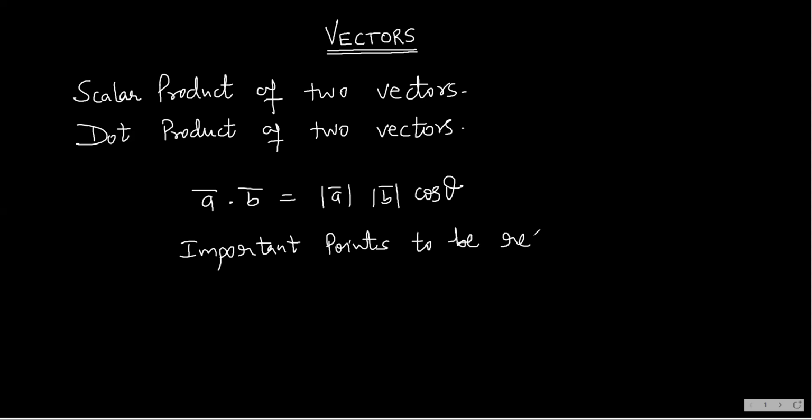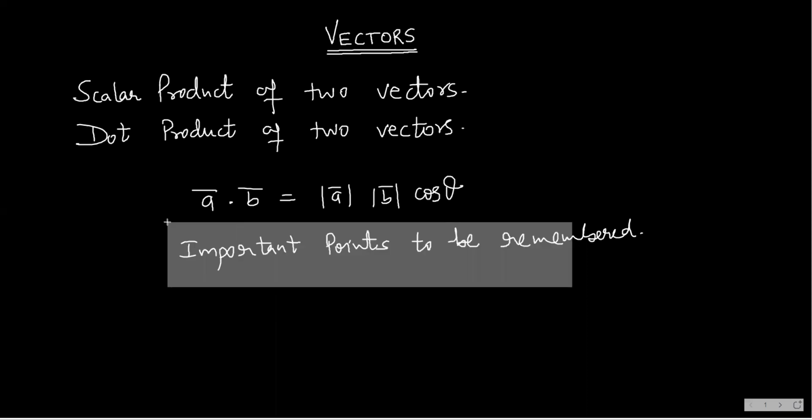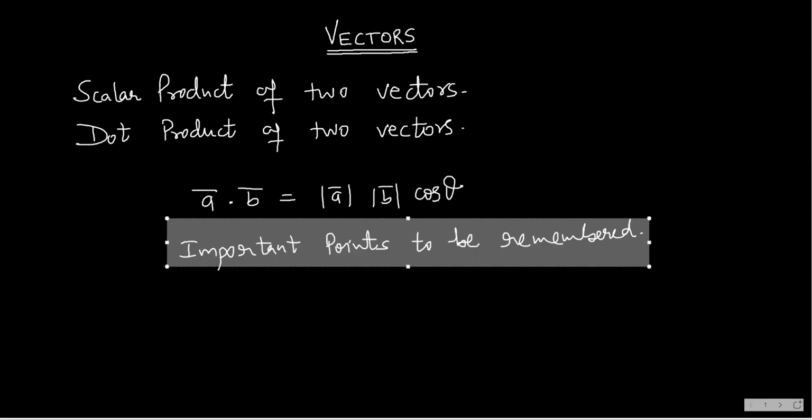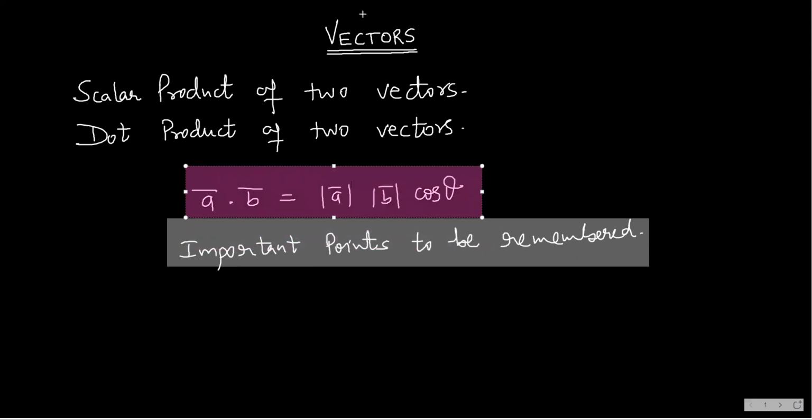That was the properties of dot product. We have done the properties of dot product. And towards the end of the lecture, we had seen how to find the angle between two vectors. For that, we followed this definition of dot product.